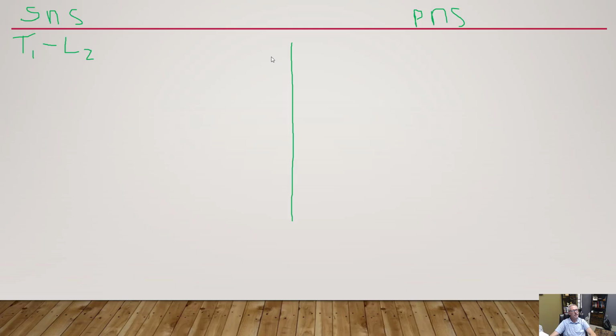What we see is that we have a cluster of ganglia that lie right near the spinal cord, and that's called the paravertebral ganglia. They lie right next to the spinal cord. They go all the way down from T1 to L2. All right, so far so good.